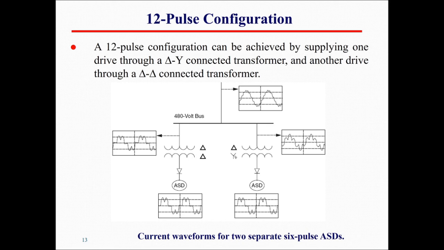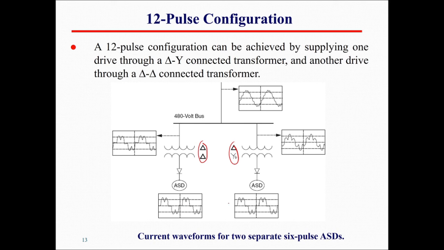This is another diagram that shows the 12 pulse configuration also. So over here we have adjustable speed drives. The first one is fed from delta, the second one is fed from delta Y transformer.